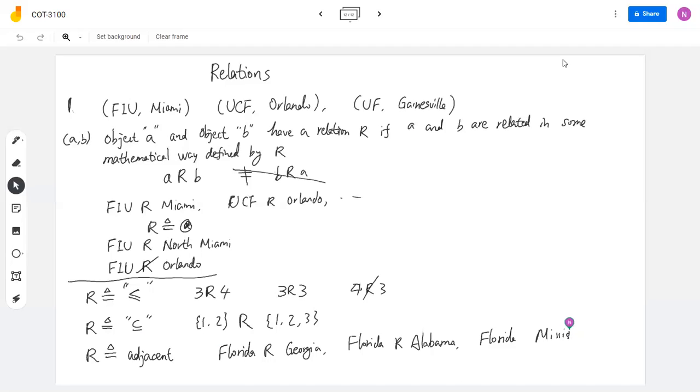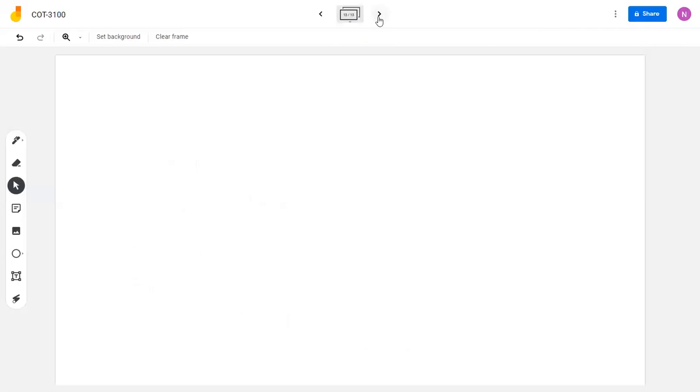Mississippi. Sorry. So Florida is not adjacent to Mississippi. Let's move to the next page.